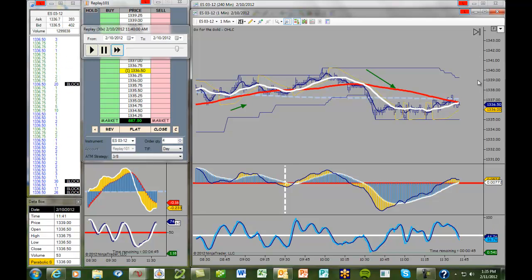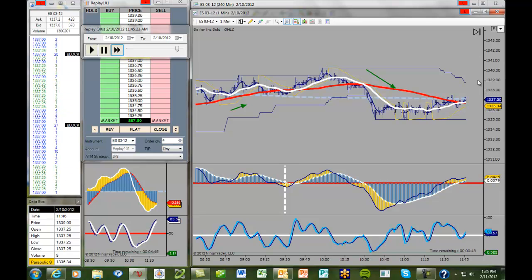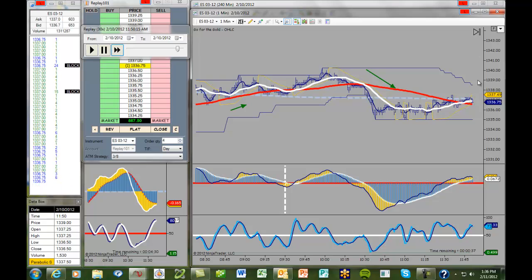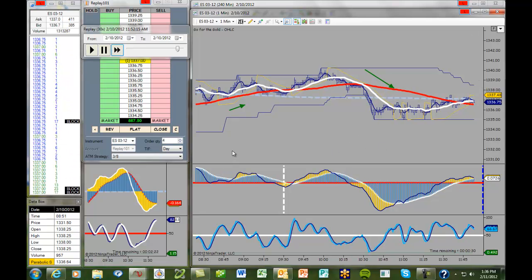The 5-minute stochastic is in overbought territory. That red moving average is looking very bearish with a downward slope.